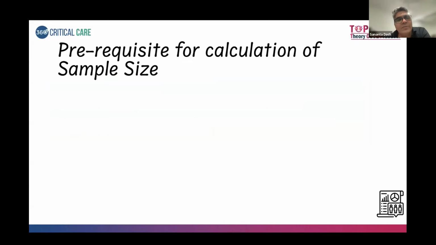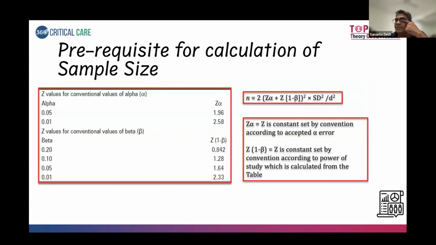All right, going to calculation of a sample size. What are the prerequisites? It is a bit of a detailed statistical discussion. The box on the right side is the sample size formula, where it is 2 times (Z alpha plus Z 1 minus beta) square times standard deviation square, and the dropout.